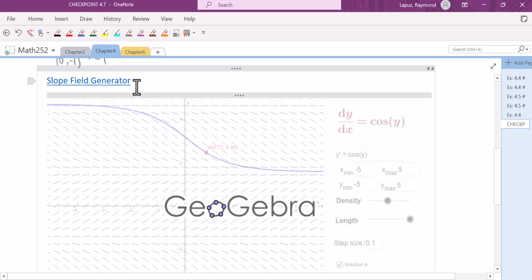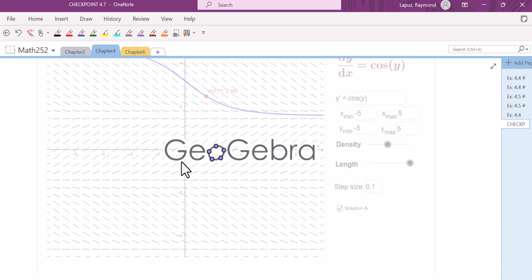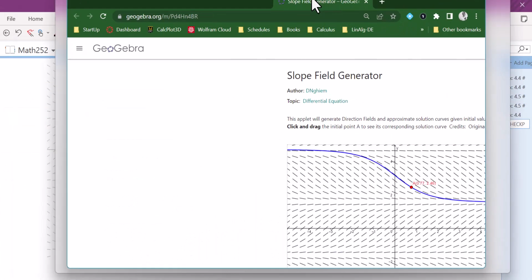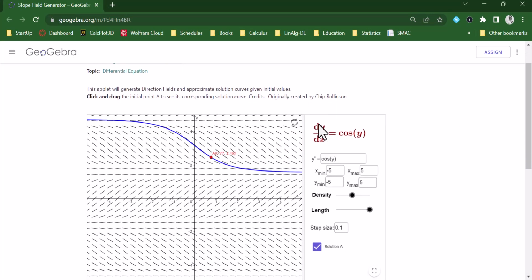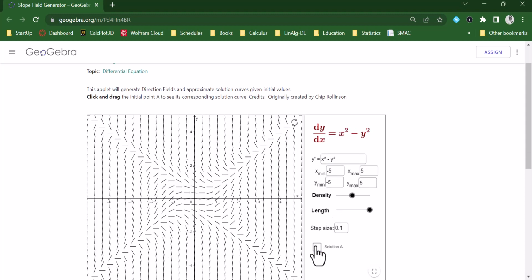This particular one is a GeoGebra slope generator. It's powered by GeoGebra. So let's see. Here's the slope generator that would come out. We're going to put in an equation, and our equation is x squared minus y squared. Let's not put any solutions yet, and let's run it, and this is how it's going to look.